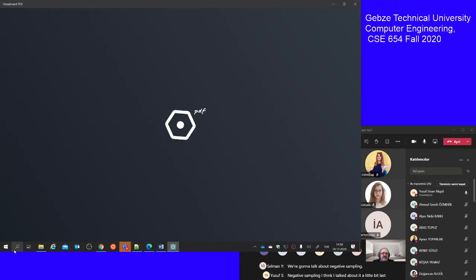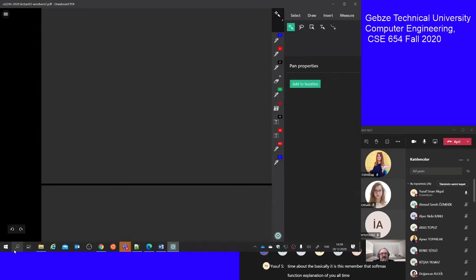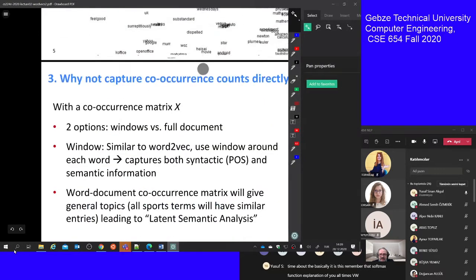But basically it is this. Remember that softmax function, exponential of U_O times V_W over something.